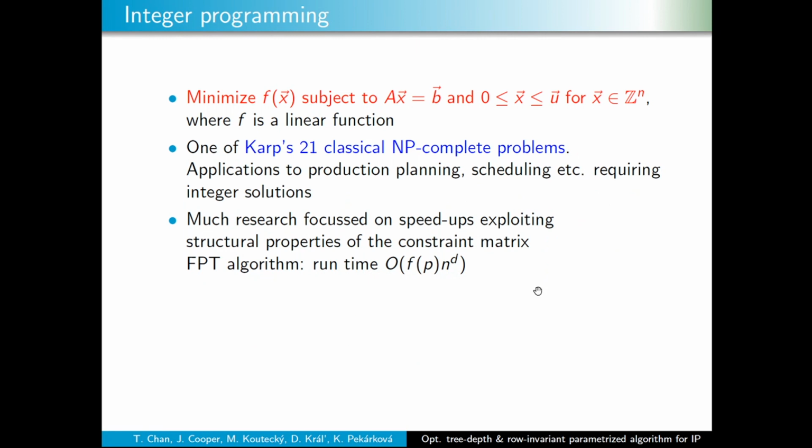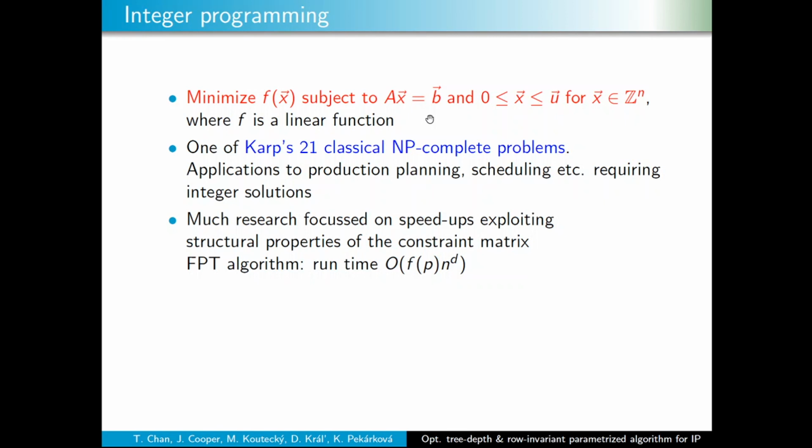So just a couple of words on integer programming. In its general form, we want to minimize some linear objective function f over all x satisfying a set of linear constraints, which we represent as the matrix equation Ax equals b. But the important thing is that the entries in x are integers.